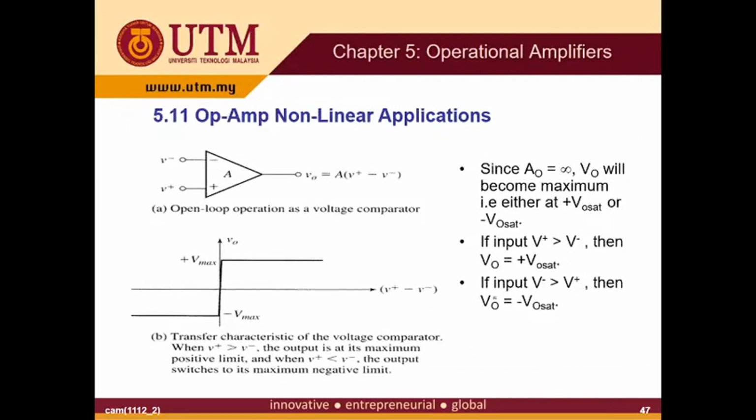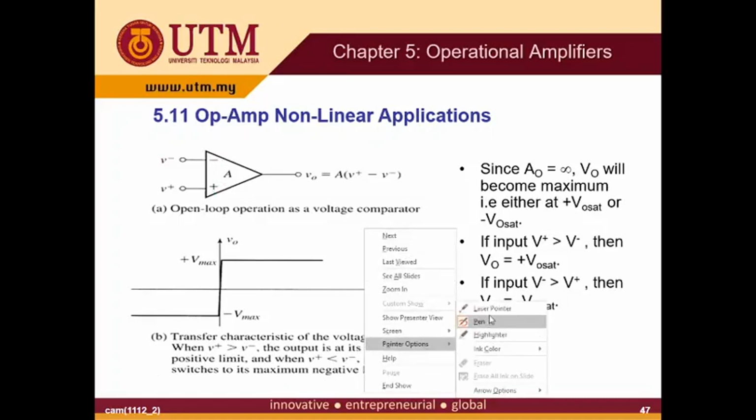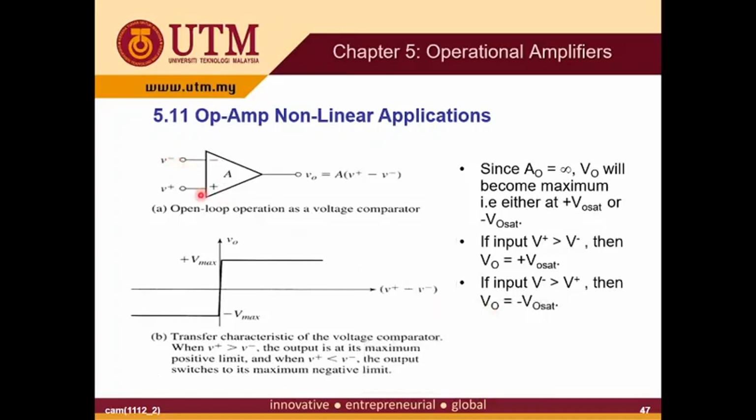So this slide describes again what I have discussed just now. So we just repeat it again. This is the symbol of the op-amp. For nonlinear application, usually we utilize both of the inputs, the inverting input and the non-inverting input, and the output can be expressed as equal to A times V plus minus V minus.